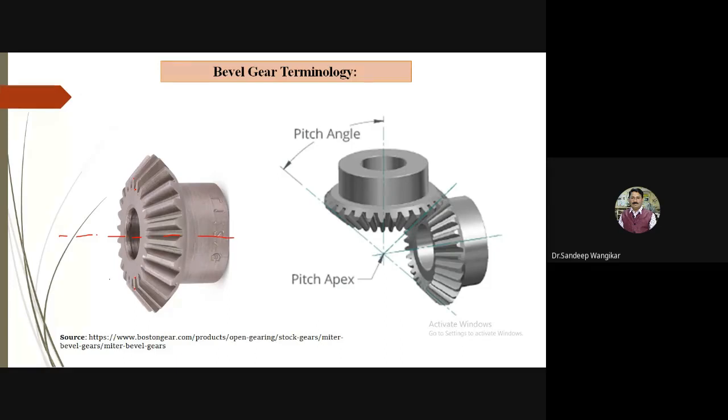Here you can see clearly that one will be at the root side and the other at the face side, and the figure will be like this. In this case also, similarly, one will be at one side, and these are the pitch lines drawn.